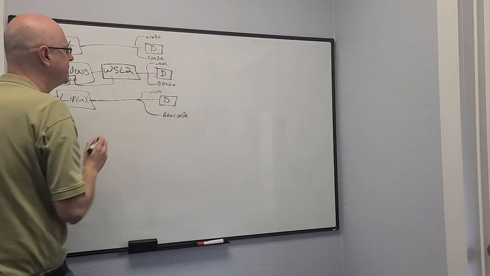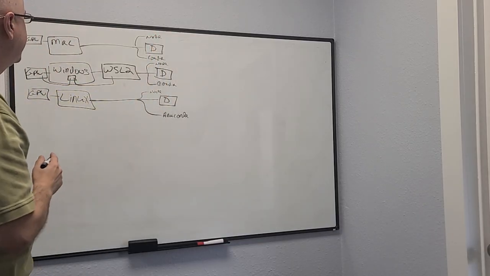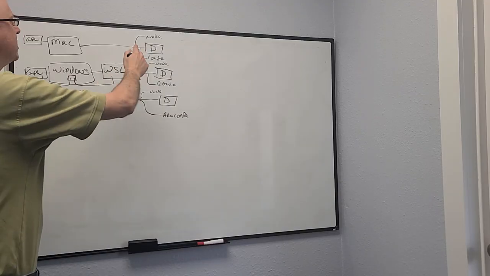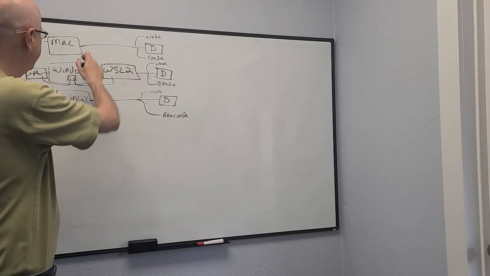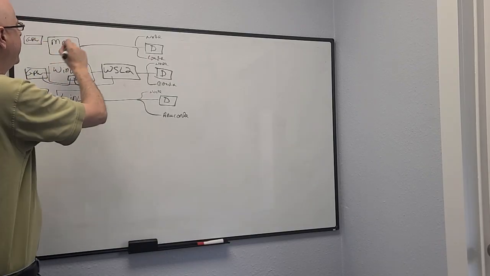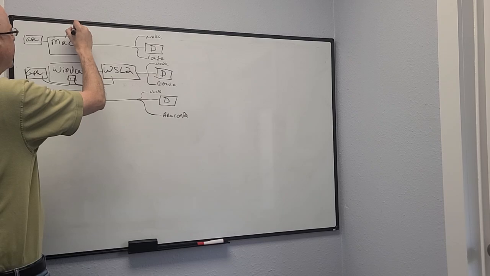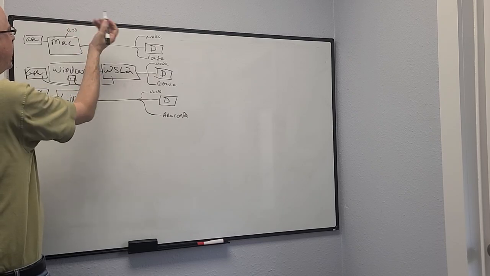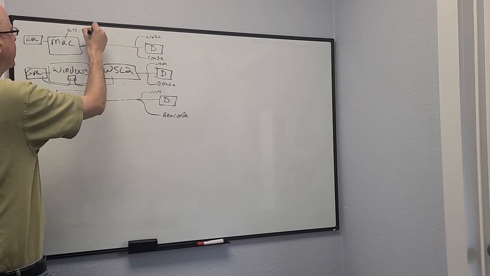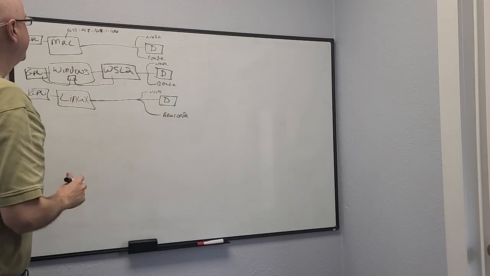But one of the problems that we run into is this. Let's just focus up here on the Mac. The Mac has, let's say, a Wi-Fi connection, okay? And that's got some IP address on a local network, 192.168.1.100.